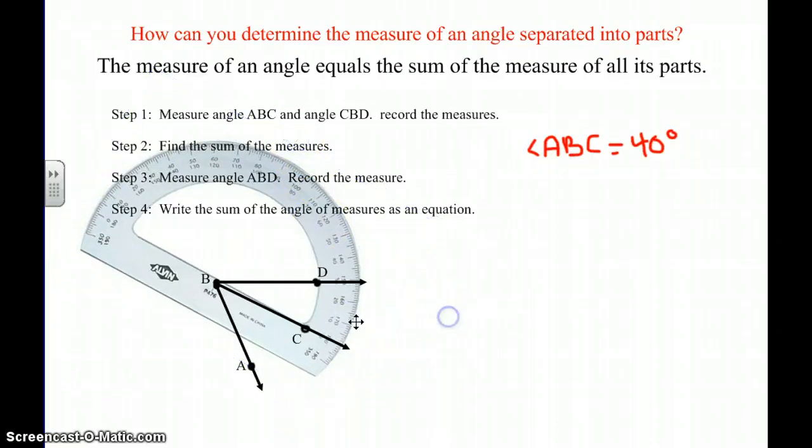Okay, and if we look, that points to 30 degrees. So we know that angle CBD is equal to 30 degrees. So let's record that so we don't forget. So again, CBD equals 30 degrees.